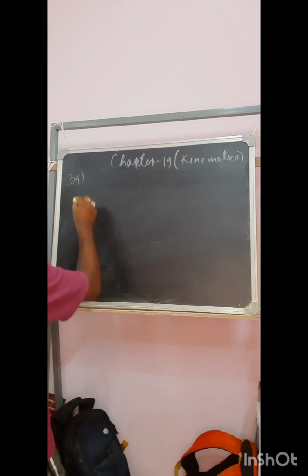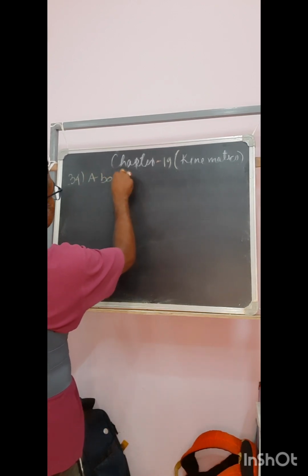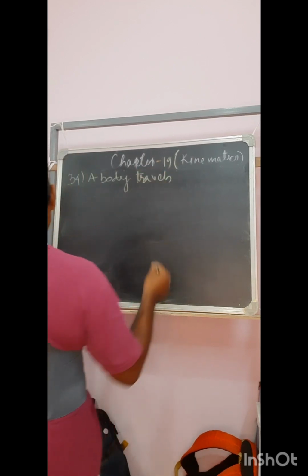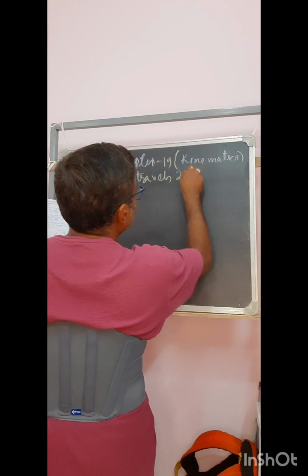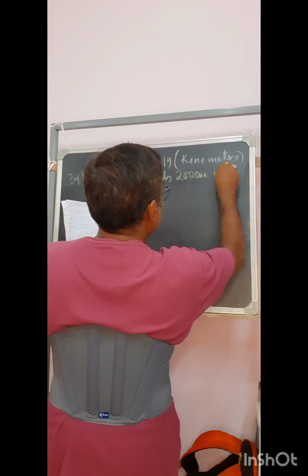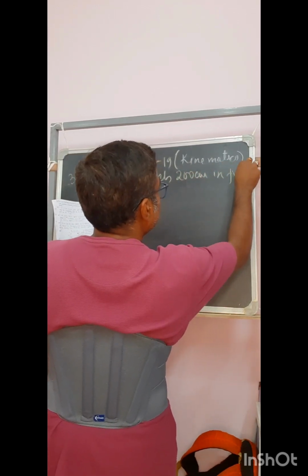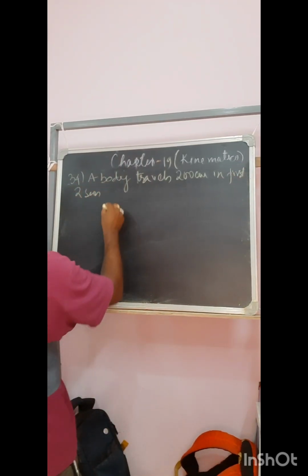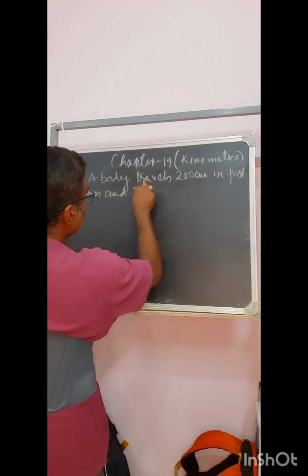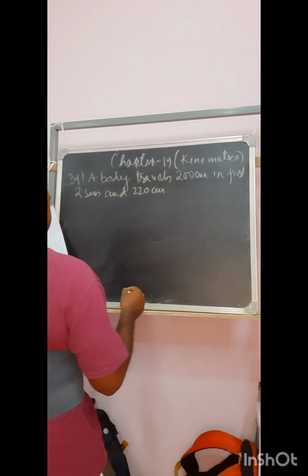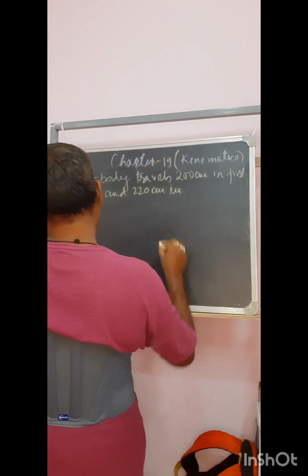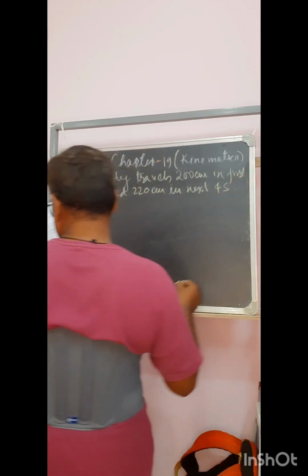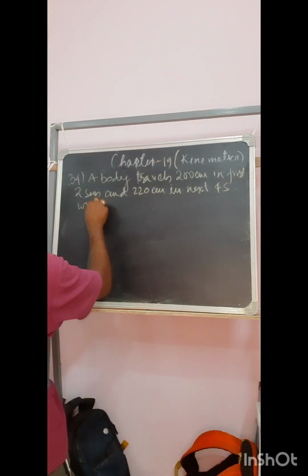A body travels 200 centimeter in the first 2 seconds and 220 centimeter in the next 4 seconds with deceleration.